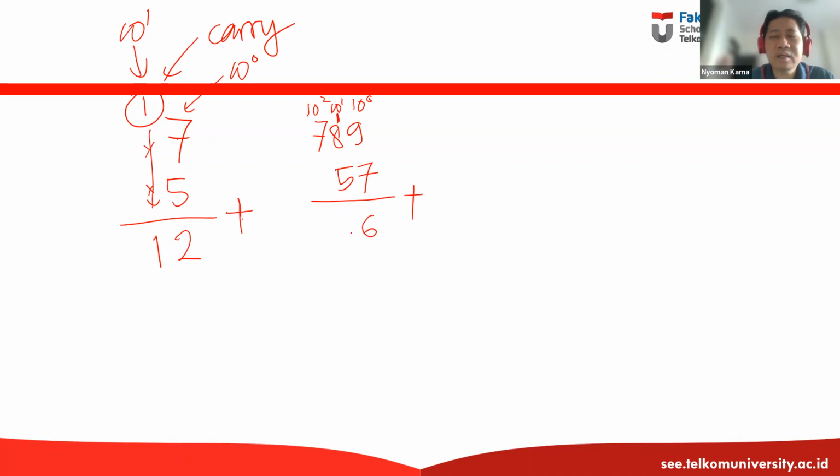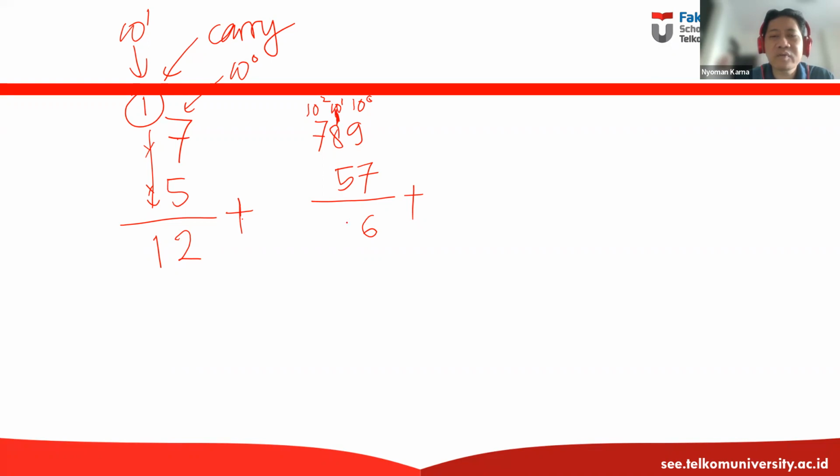Because 6 has the same weight as 9 and 7, and then 1 has the same weight as 8 and 5, because it's in puluhan.